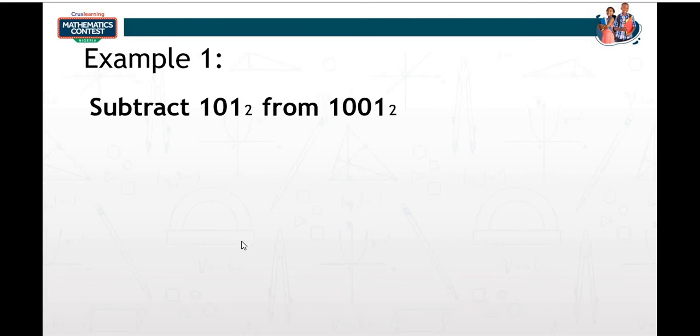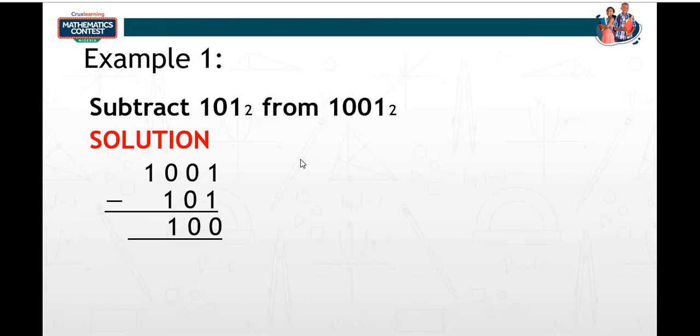So my example 1, I have to subtract 101 base 2 from 1001 base 2. So here I have it. 1 minus 1 is 0. 0 minus 0 is 0. 0 minus 1 I cannot, so I'll borrow from here.